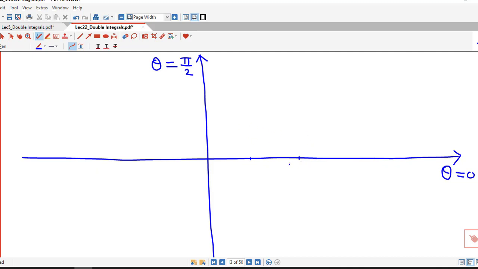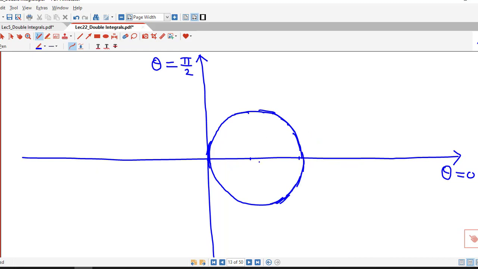So suppose this distance is a, then this distance is a by 2. So first we roughly sketch the circle. We don't require exact shape. It should look like a circle.